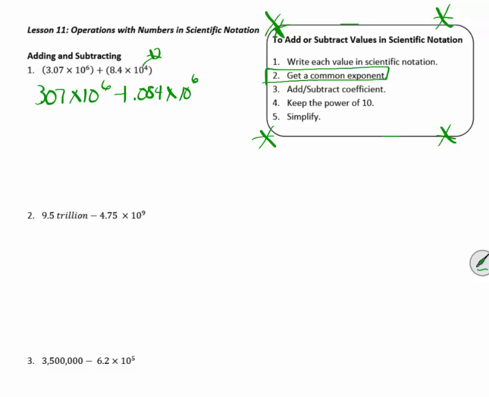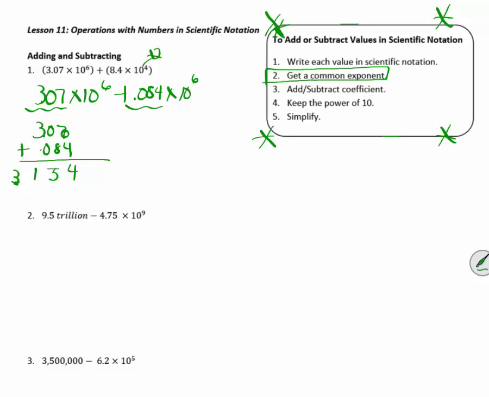So now we add our numbers out front, and yes, I'll let you use a calculator, but if I do that by hand, I'm just going to line them up here. So we're going to have 3.07 plus 0.084. So this is going to end up being 3.154. So we've written them in scientific notation, we've gotten a common exponent, we added the coefficients, we're adding because that's what the problem says.